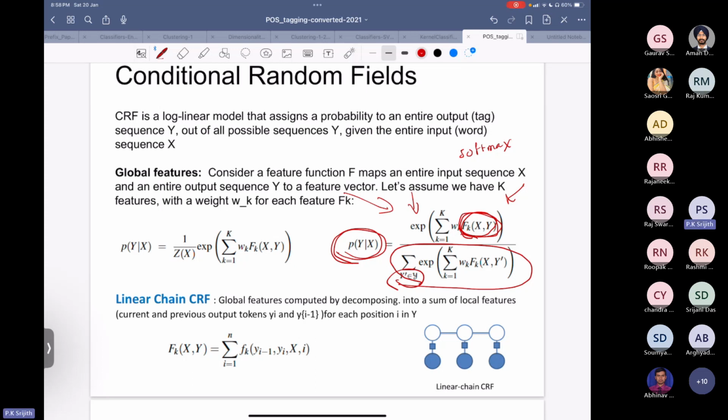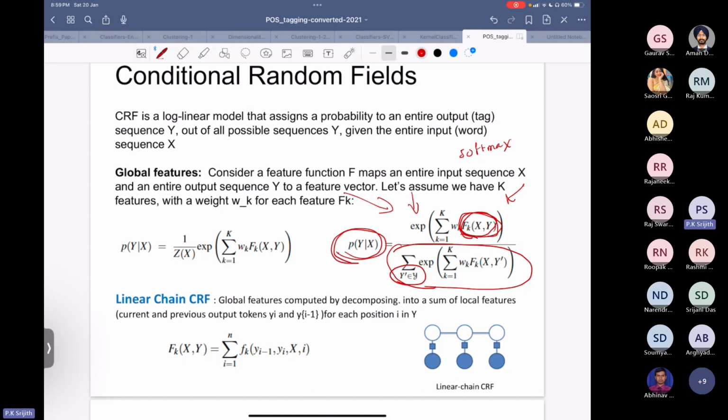Now if you look at this, again, there is an issue. The issue is this: the denominator term involves a summation over all y dash, and your y dash is a sequence of labels.